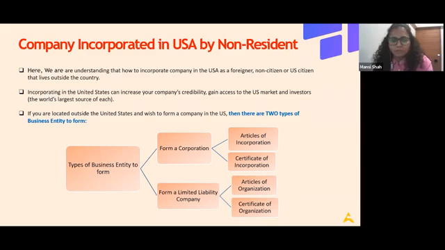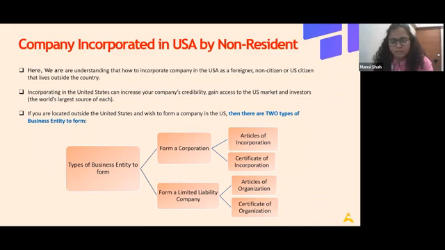So how do we start the process? What are the forms? What is the first step? To form the corporation, there are two types of forms. One is the article of incorporation or certificate of incorporation, which we have to apply for with the state. For an LLC, there is the article of organization, which we also call the certificate of organization.